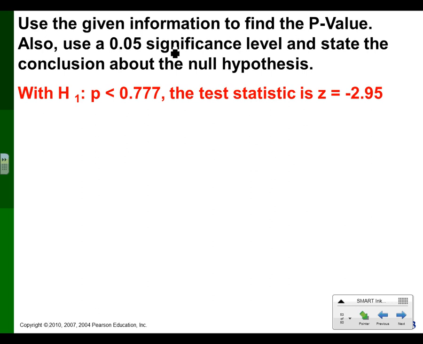Here we go. Use this significance level and state the conclusion about the null hypothesis. So, look in your book, page 572, because it's a negative z-score. What do you got for me? Negative 2.95.